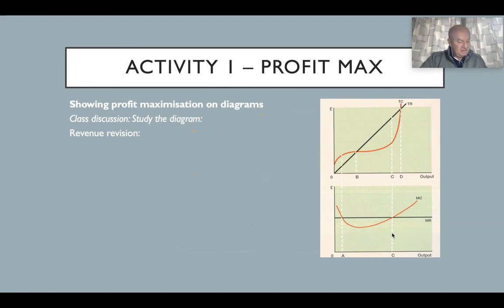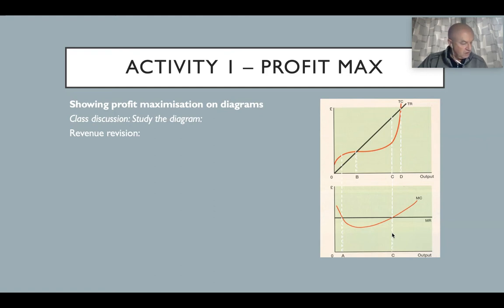So next, let's take a look at this example where we've got another couple of questions to answer, and then I think we will stop. In fact, we'll do these few calculations and then stop. Let's look at the activity on page 56, where it looks at showing profit maximisation on a diagram.